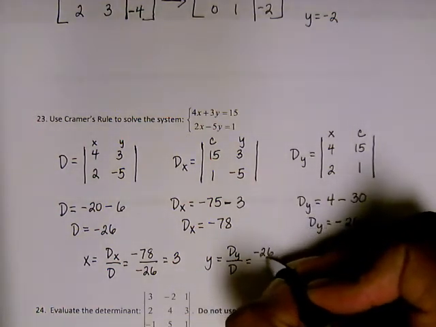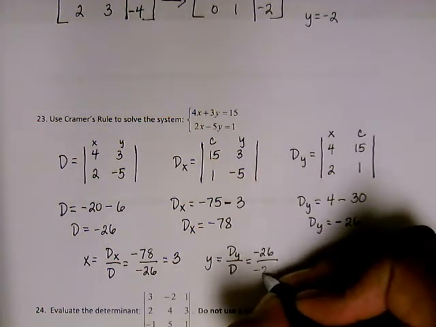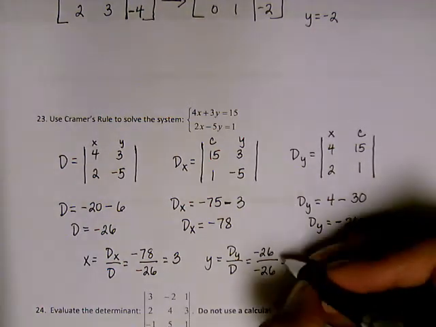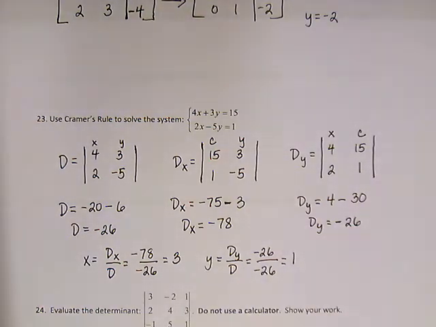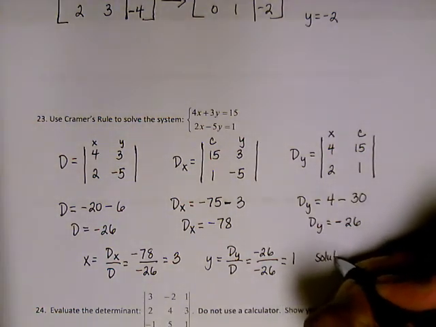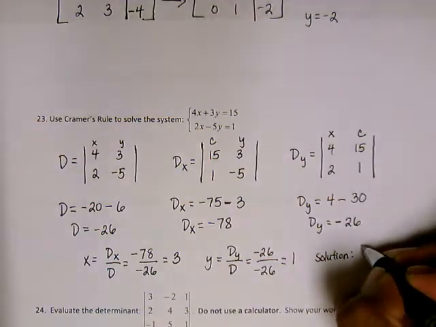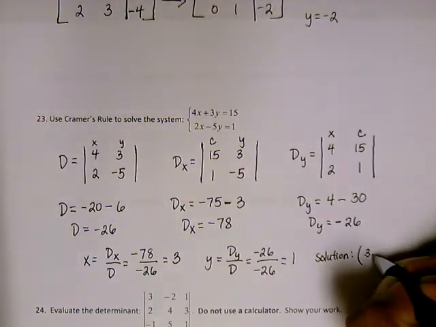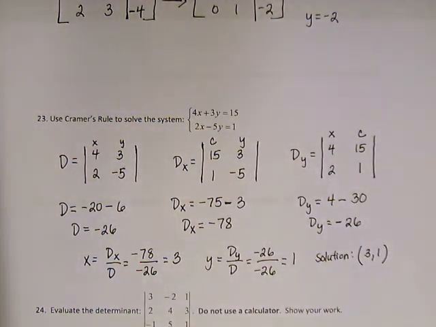So d sub y is negative 26, your d is negative 26. Negative 26 divided by negative 26 would be positive 1. So x is 3 and y is 1. So the solution of this system of linear equations will be the ordered pair 3, 1. Okay, so that's how we apply Cramer's rule to that particular problem.